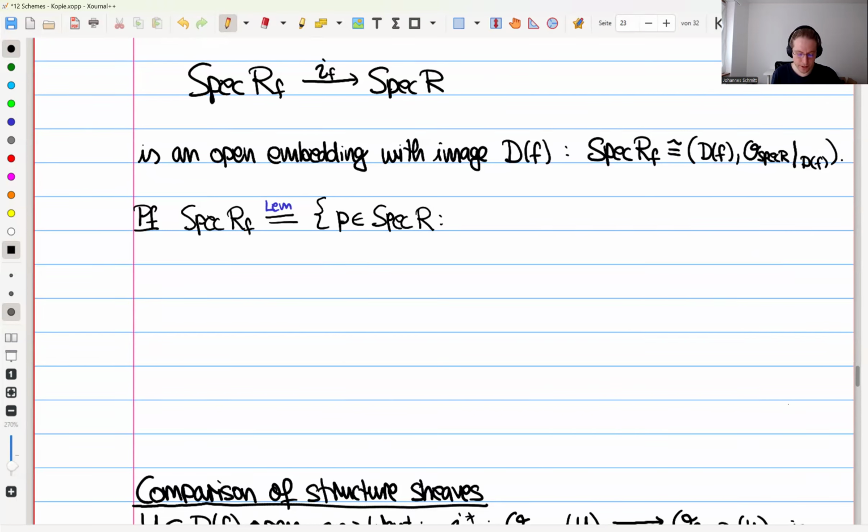So here the multiplicative set is the powers of F. So we want prime ideals which contain no power of F, but for a prime ideal this is equivalent to just saying that F is not in the prime ideal, like this. And this is, of course, just equal to D(F) as sets.